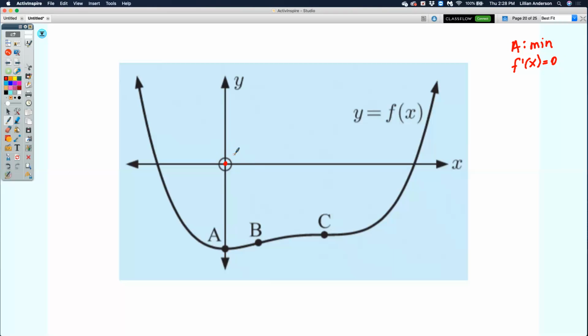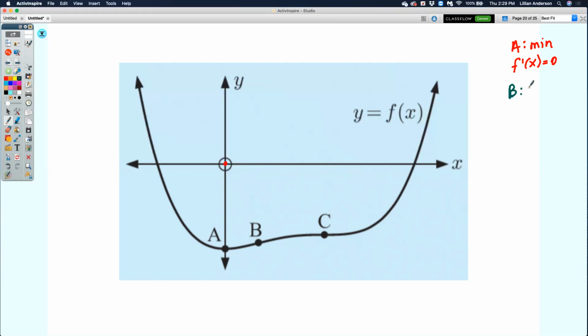What about B? When you look at B, what does B look like? Like I said, it's not the most defined graph we have, but it has a few features in it that we need to be aware of. What does B look like? Stationary inflection point. Can you elaborate a little bit more on that?